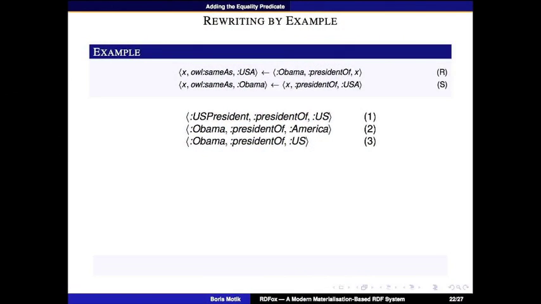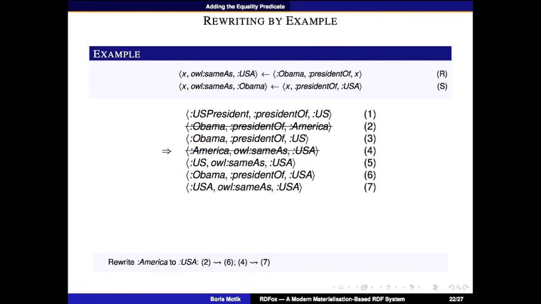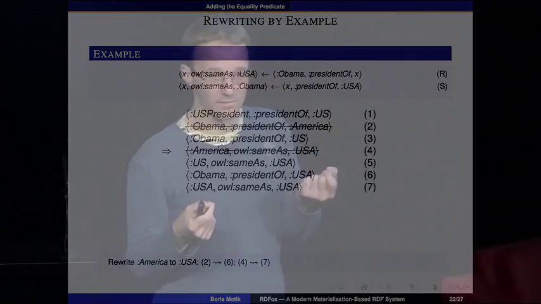So there is this well-known technique of so-called rewriting. I won't be able to run through the example because I'm running late. Very briefly, the idea is that when you say America is the same as USA, you pick one of these two constants and you replace all occurrences of the other constant with it. Now, this has been used quite often in practice in a lot of these systems, but we are, I think, the first to make sure that all of this works completely correctly in all the corner cases.